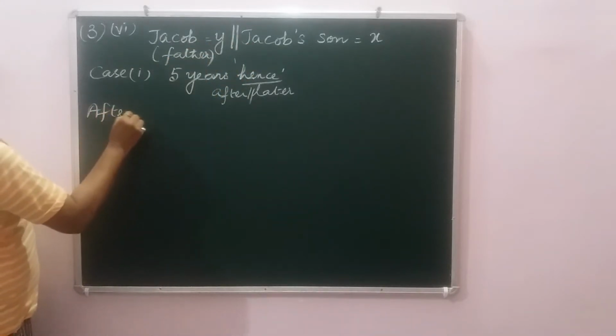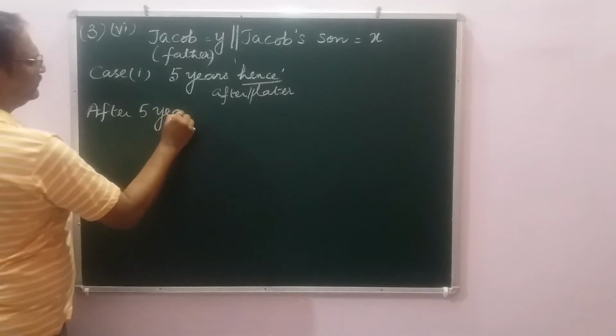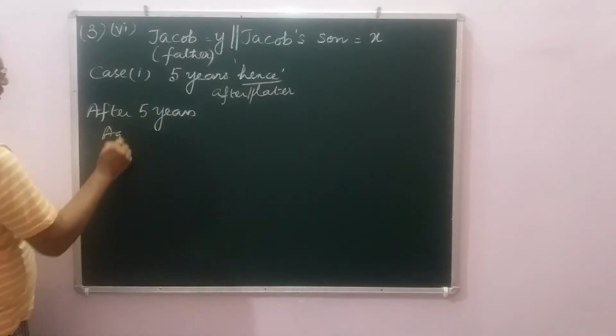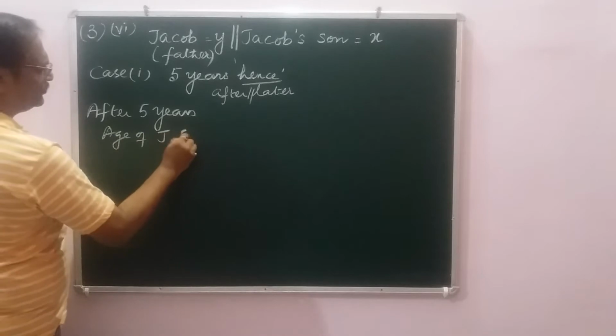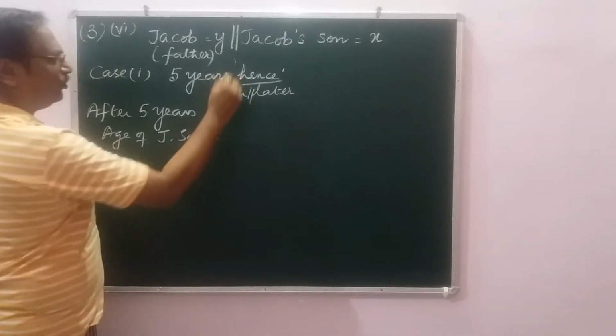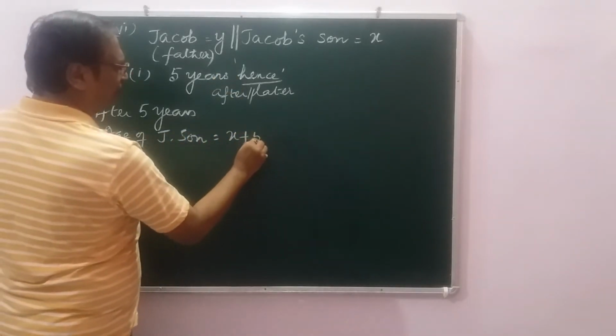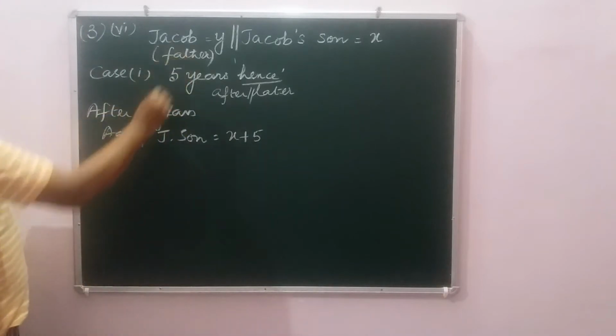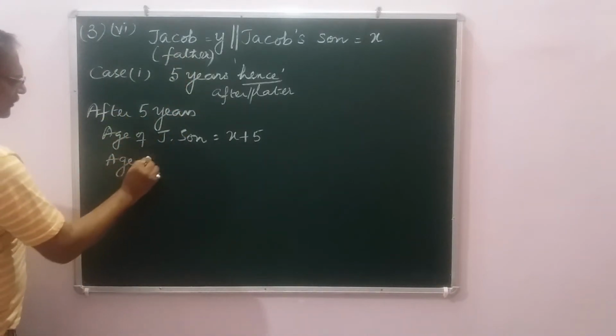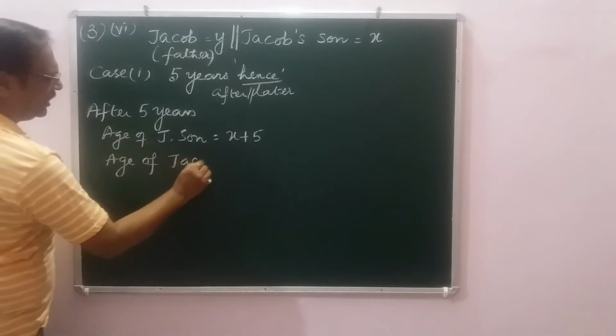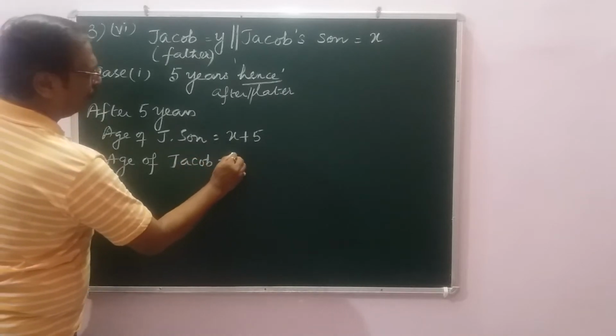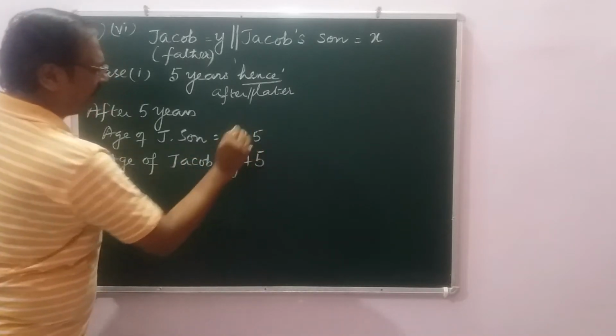X plus 5. And the age of Jacob himself is Y plus 5.